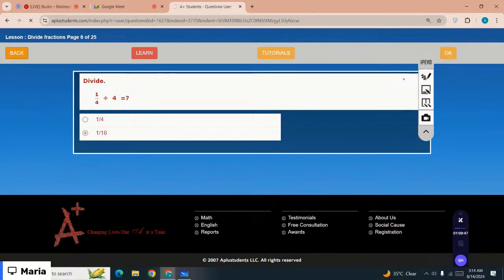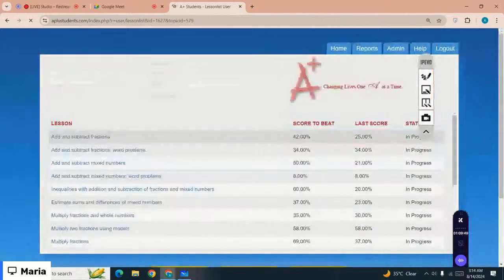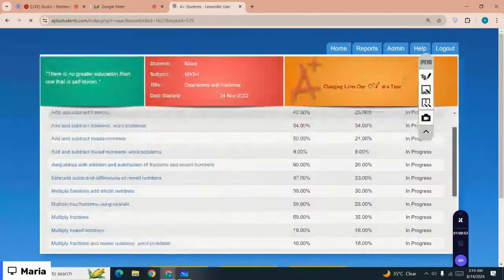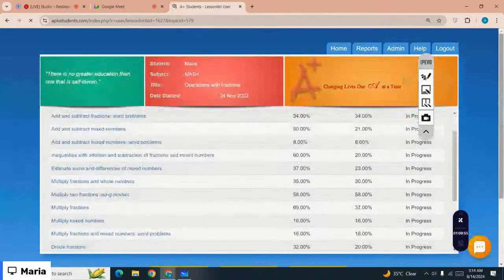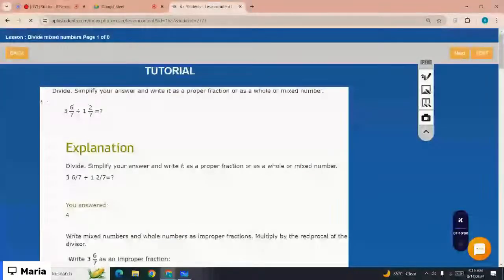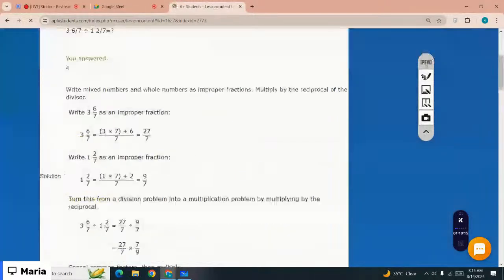The next lesson is dividing mixed numbers. Let's start with the example 3 whole 6 by 7 divided by 1 whole 2 by 7. First you need to convert them to improper fractions. How do we convert? You do 3 times 7, then add the numerator.